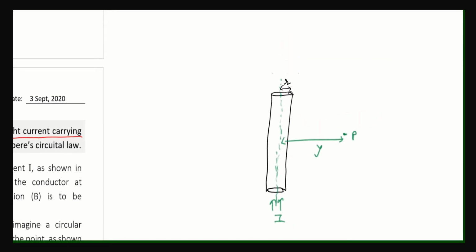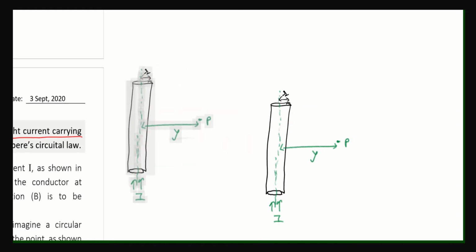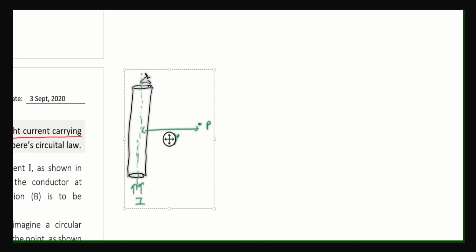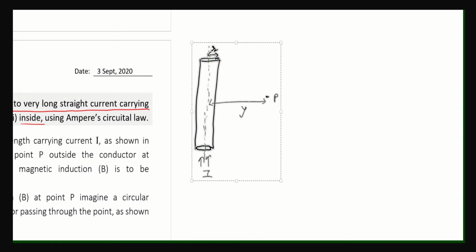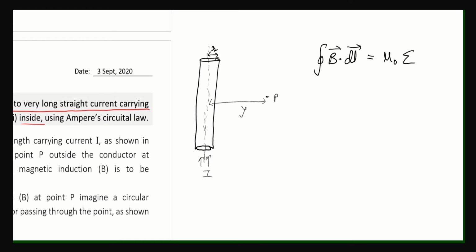Let us apply Ampere circuital law. What does the law say? The law says that we should take the line integral of magnetic induction over a closed loop, and it should be equal to mu 0 sigma I. First of all, I have to consider an Amperian loop.